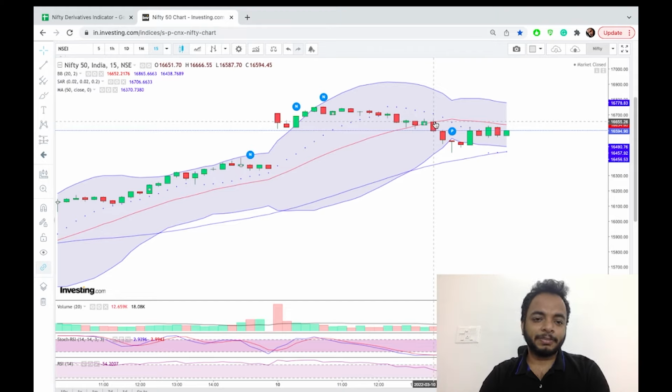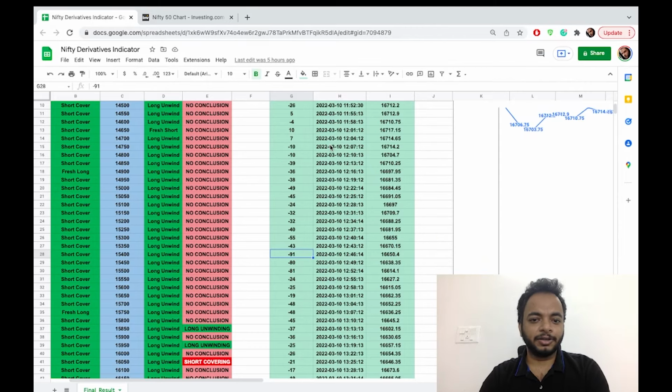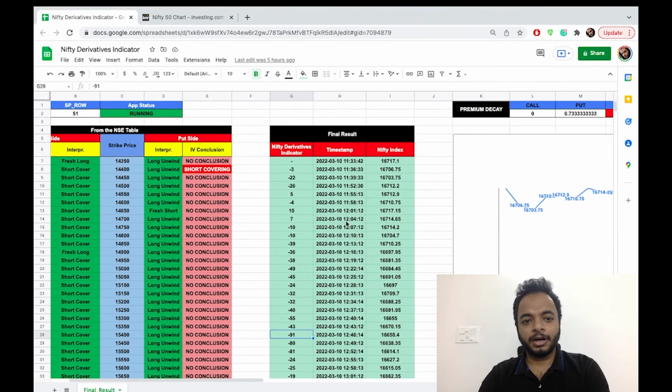The big players start making positions 30 minutes or 1 hour prior, and then the final move comes. So beforehand you get to know what the movement of Nifty or Bank Nifty could be according to the score.